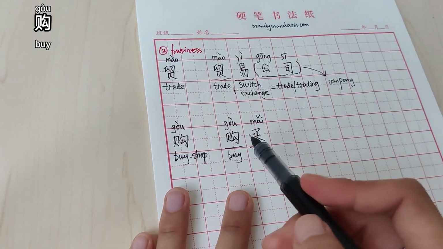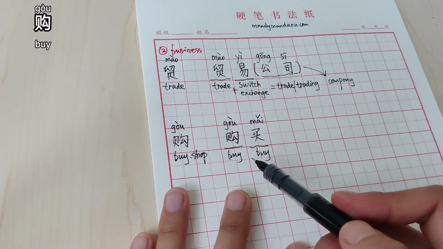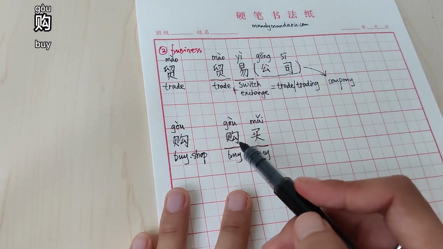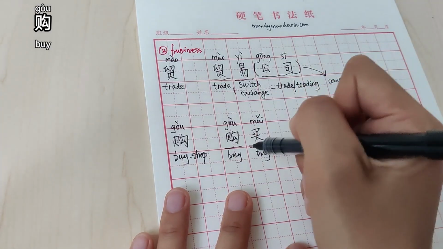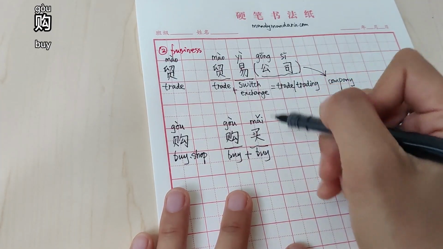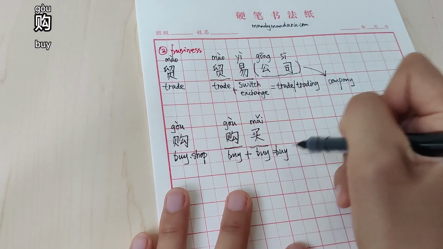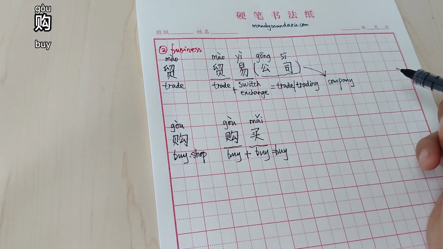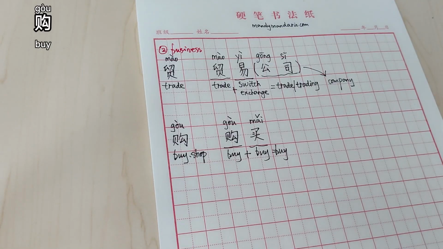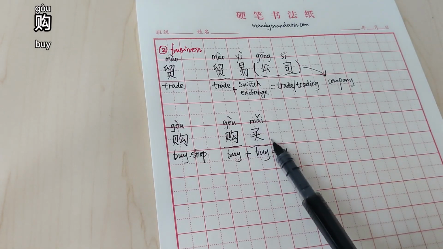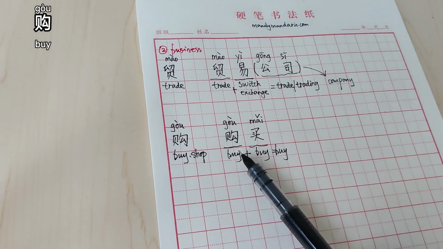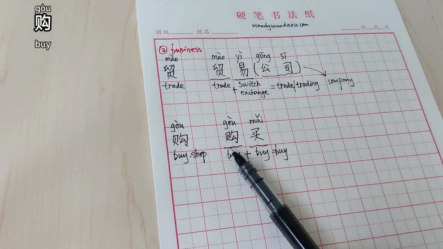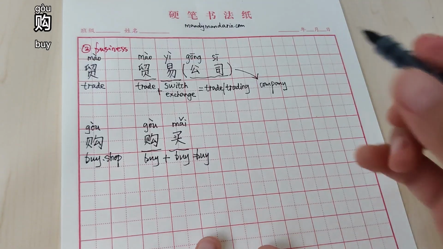I know we have two words for buy in Chinese, but in general, the go is more official and 买 is more spoken. And when you put them together, 购买 is just to buy, and it's a pretty formal word. In everyday life, we usually just say 买. That's simple and easy. But if you're going to write a very formal contract, then you would use 购买 because it sounds more formal. The next example.